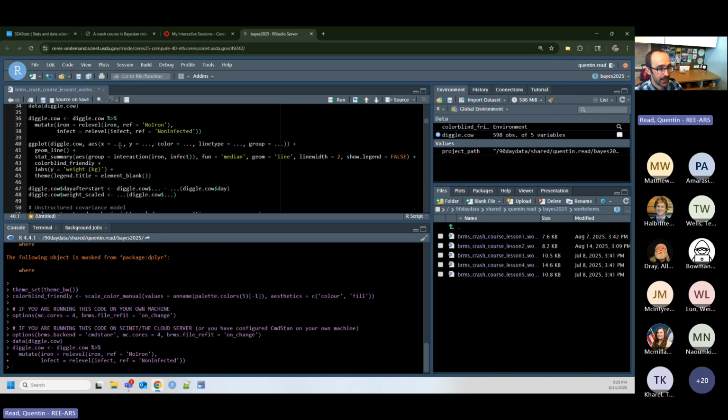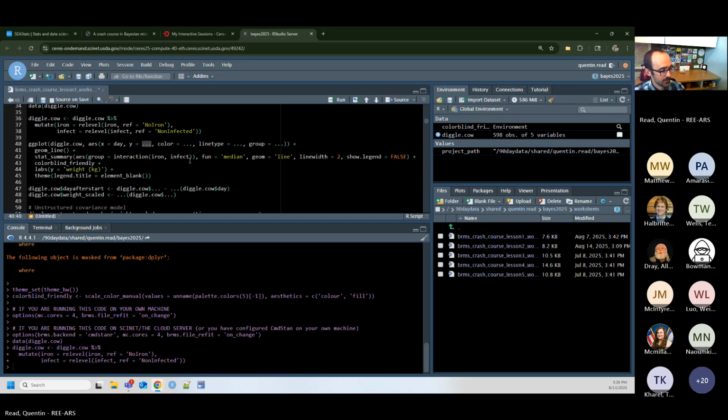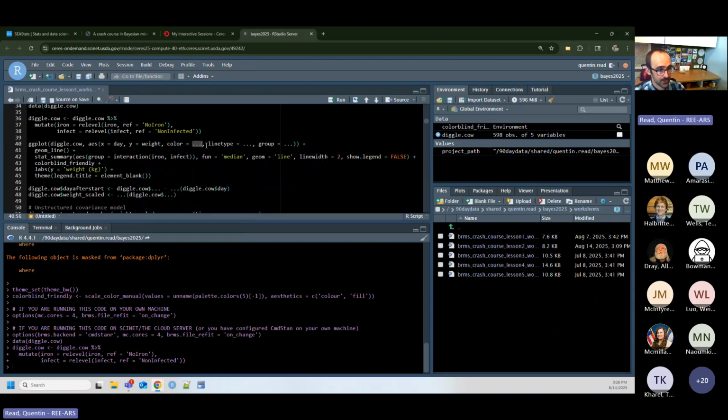Okay, now we're going to make a plot to look at our data before we fit any models to it. Day is the name of the column with the day number. Weight is the name of the response variable. We're going to color each line by the iron treatment.